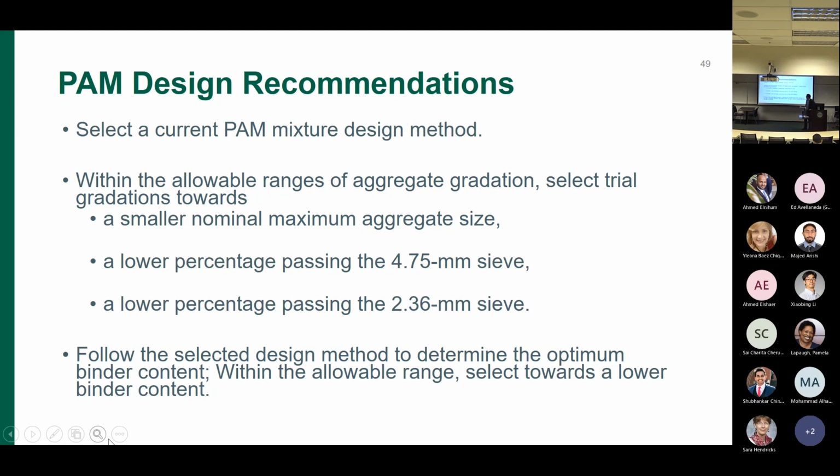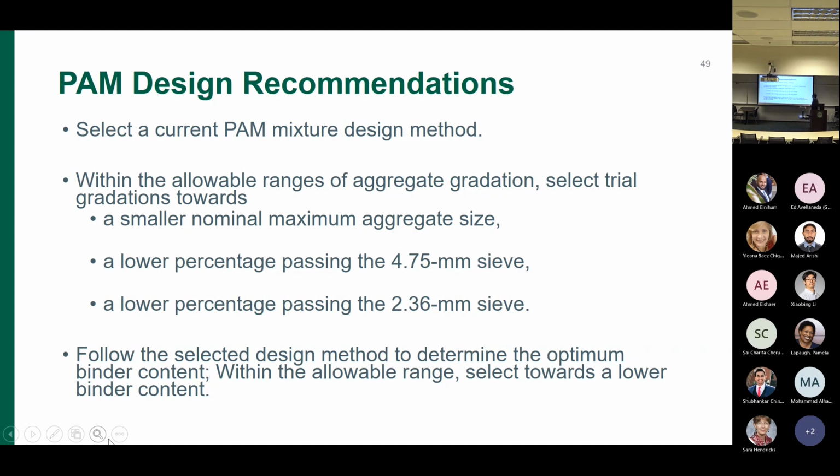Okay, so some general recommendations for the design of the porous mixture include the following. First, we still need to follow a regular design procedure for porous mixture, which is primarily designed to reduce the hydroplaning potential by reducing the water film thickness. Once that performance is guaranteed, then we look into the optimization of the mix design for noise reduction.